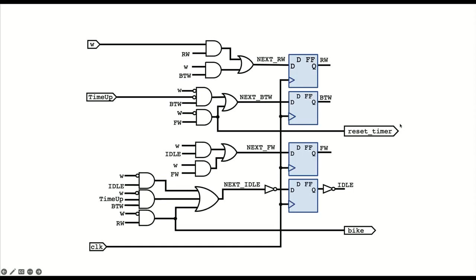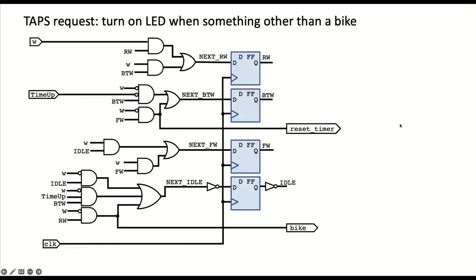All right, so as usual, there's been a change. TAPS is a little bit worried about their definition of a bike. They say, we're not counting enough bikes, so would you please turn on an LED when something goes by and it's not a bike?